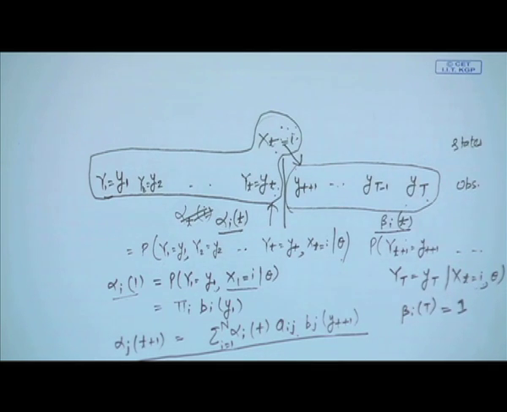Now I have to compute it recursively for all other beta I at time point t. Here I am going backwards. You assume that you have computed all the beta j's at time t plus 1, and you want to use that to compute beta I at time point t. How will you do that? This is very similar to what you did in the case of alpha.